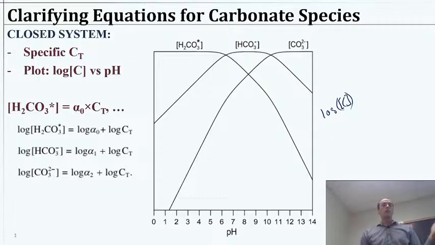So we have all of those equations, and if we want to, we could take the log of this equation and get log concentration equals, and you can do the little log trick and add them when you're multiplying, log A plus log Ct. It's the same thing as taking the log of both times each other.